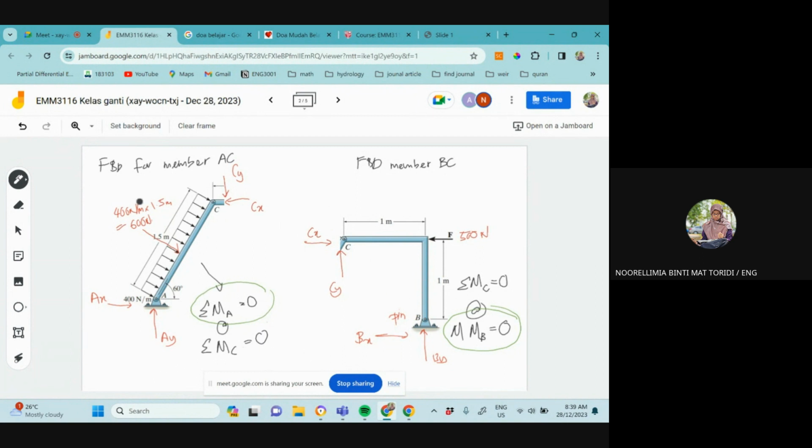For this one, kita boleh guna FBD for diagram ni. Find the summation of Fx, find the summation of Fy. Contoh for member AC, we do for member AC.